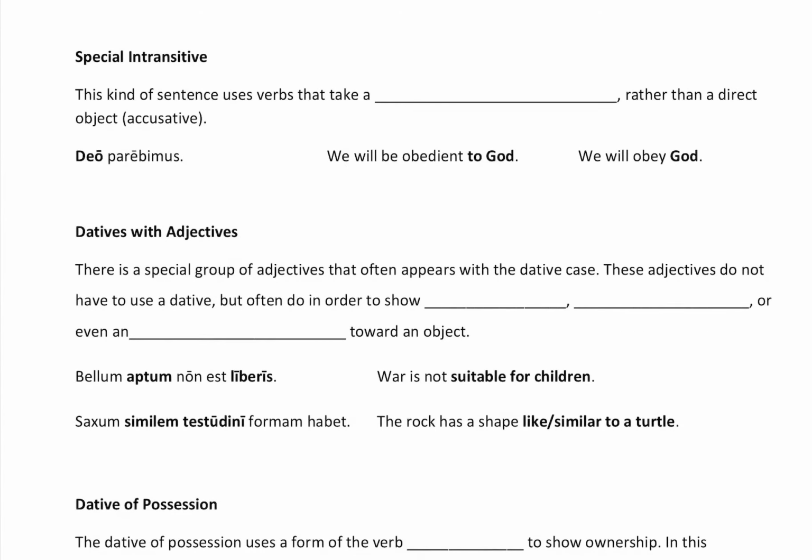Now, special intransitive verbs, we talked about these last week in our review of kinds of sentences. This kind of sentence uses verbs that take a dative object, not an accusative, and those are special kinds of verbs. You remember that they'll have a plus dat after them in the dictionary, and basically there are two ways to translate these kinds of verbs.